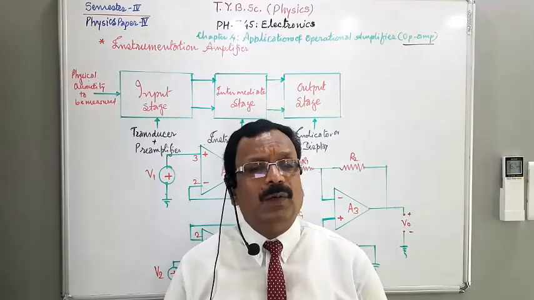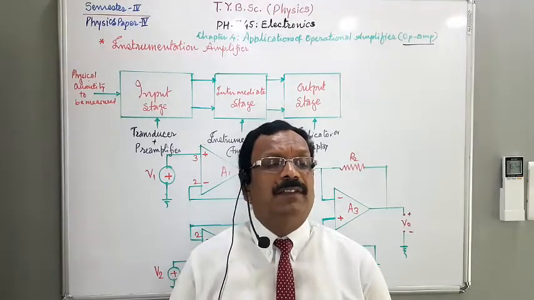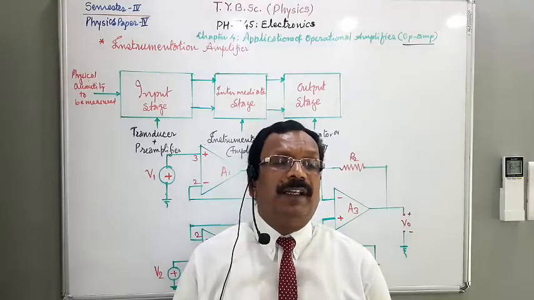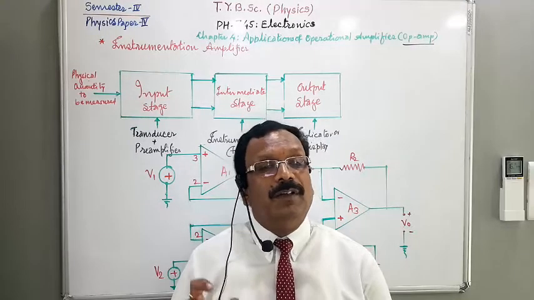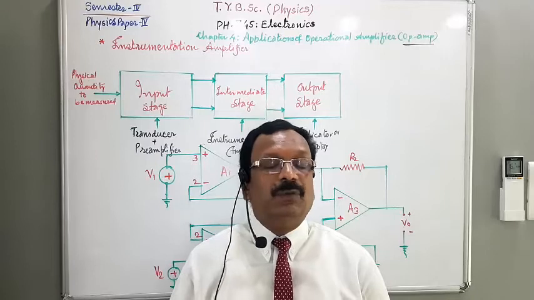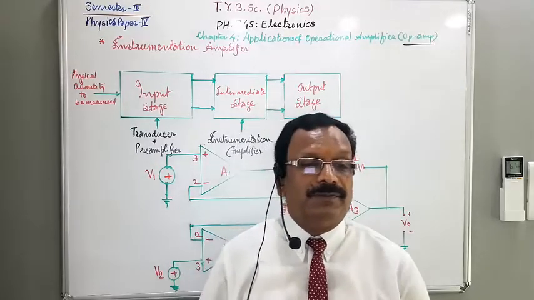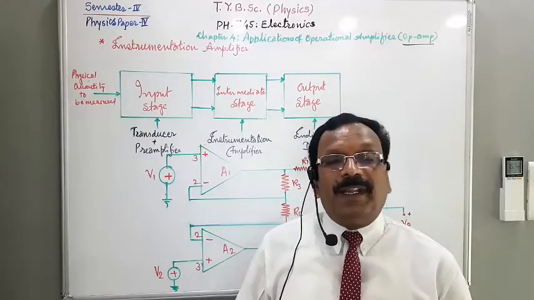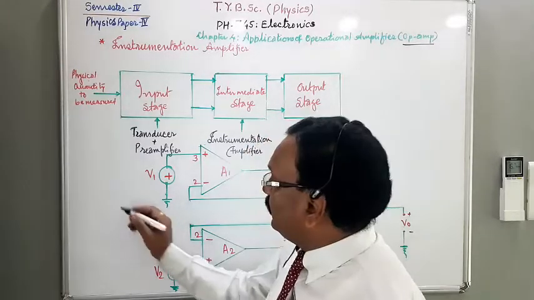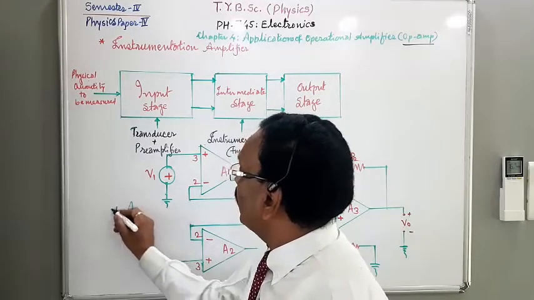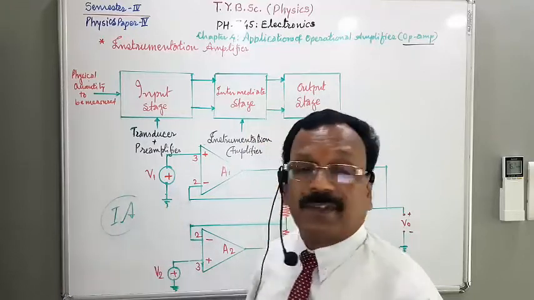Besides this, low power consumption should be there, and high slew rate is desirable for precise performance. These two things are also very important. The instrumentation amplifier is sometimes called IA.